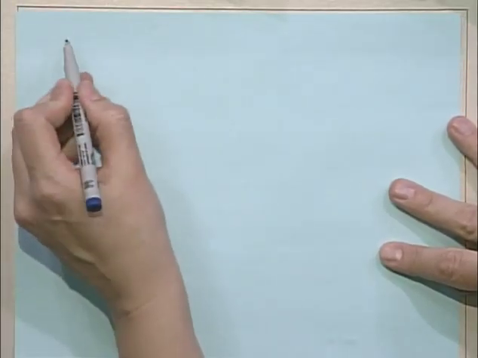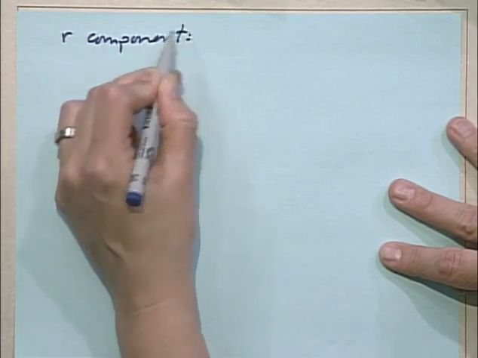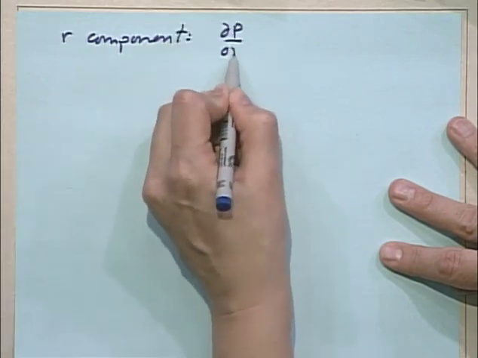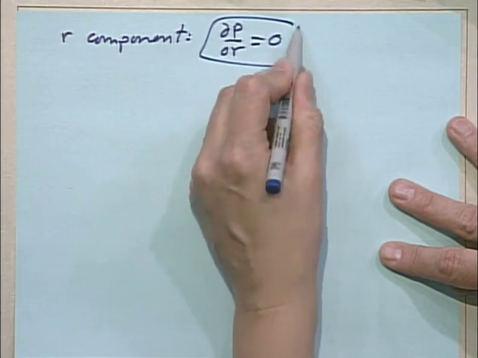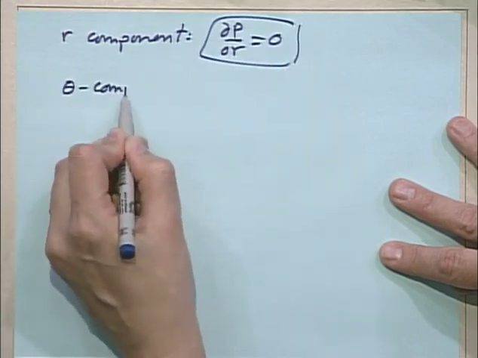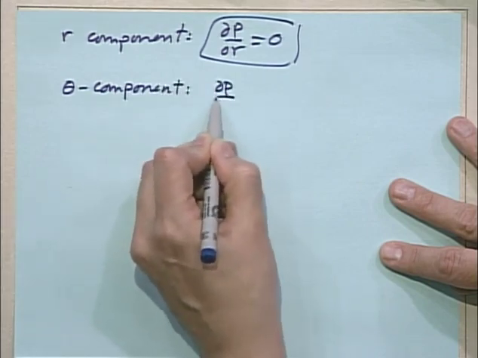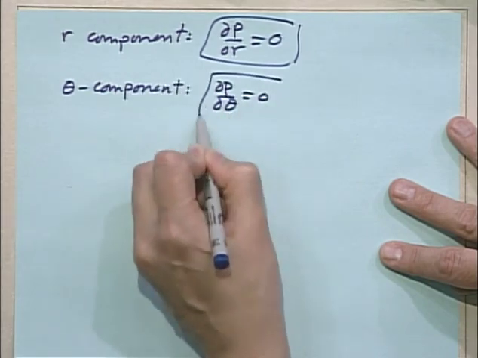Okay, so let's summarize. The r component tells us dp dr equals 0. The theta component tells us dp d theta equals 0.